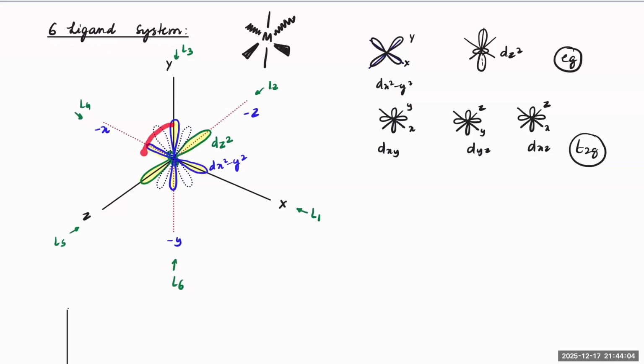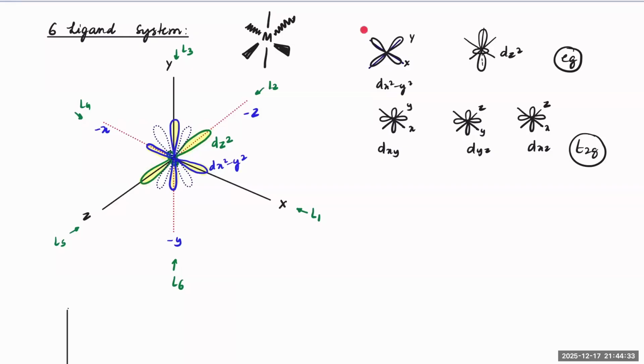The d orbitals which are present as the surface electrons of the metal here, their orientations are different. dx square minus y square will be along like this. This is the way it will be. This is dx square minus y square, isn't it? While dz square will be like this green one, if you can notice. This will be the dz square orbital.